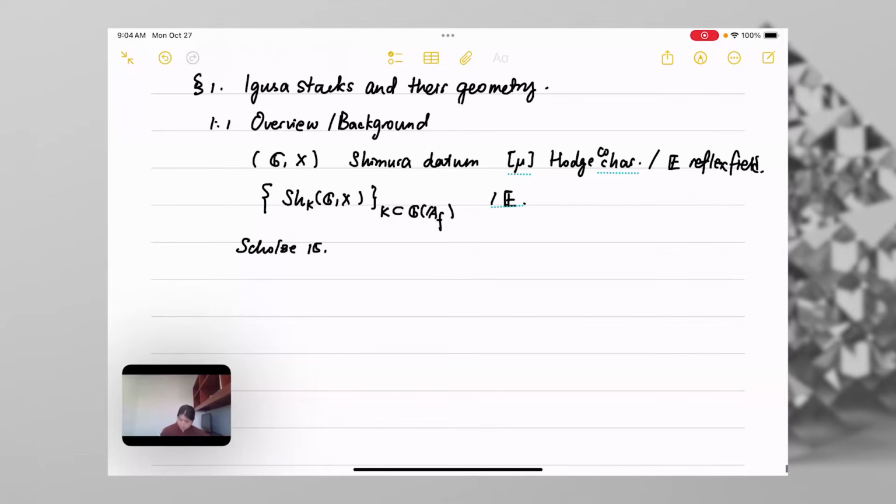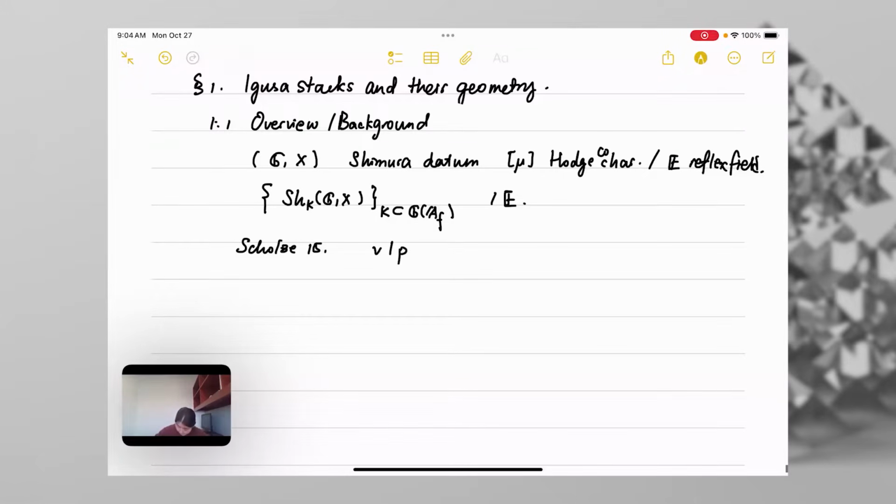Namely, analogous to the complex case where you can pass to the universal cover of the Shimura variety and look at the map to the period domain using this variation of Hodge structures, in the p-adic context you can define an analogous map to a period domain using the Hodge-Tate periods of the universal abelian varieties over the Shimura variety, at least in the Hodge type case.